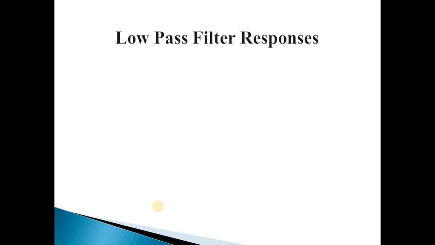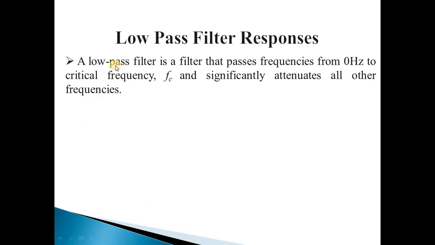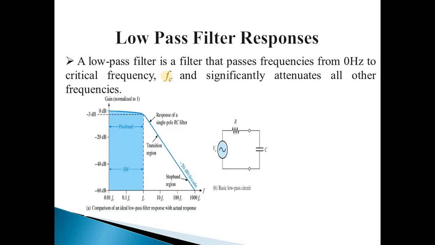Now the low pass filter response. A low pass filter is a filter that passes frequencies from 0 Hz to critical frequency, that is FC, and significantly attenuates all other frequencies. It means that this filter passes frequencies up to critical frequency, and the frequencies above the critical frequency are blocked or rejected.